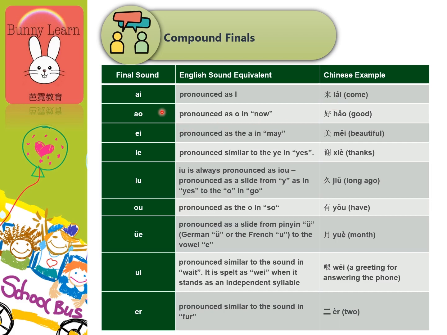Ao. This is pronounced as the ow in now. And a Chinese example: 好, hǎo. Ei. This is pronounced as the A in May.